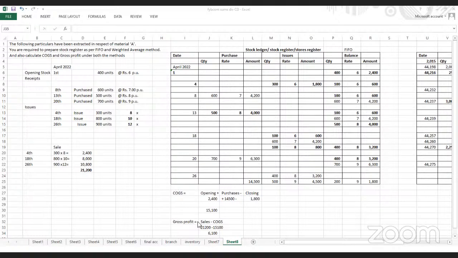Now I'll solve the same sum with the weighted average method.